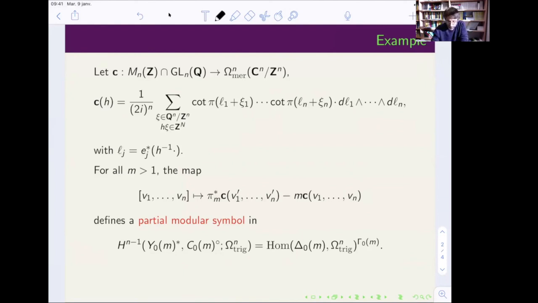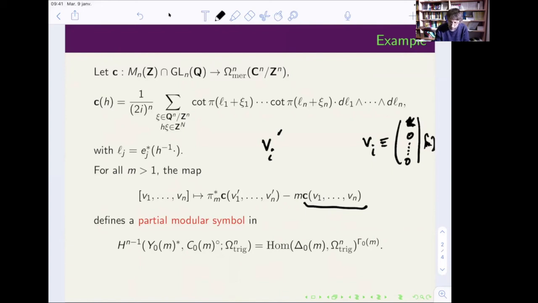When you take n vectors v1, ..., vn, I associate this form C of v1, ..., vn, multiplied by m, and here vi prime is the same as vi, except that I stick to elements that are congruent to something here and 0, 0 mod m.